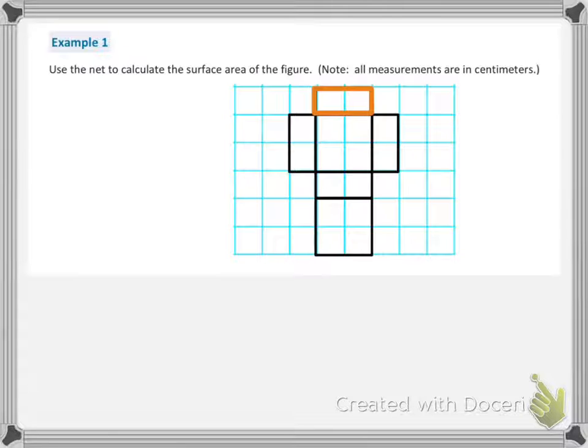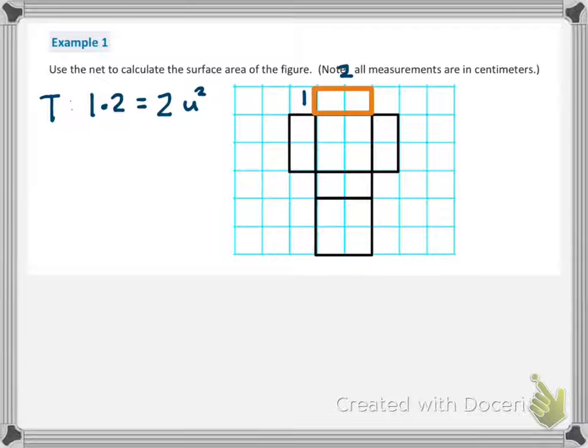Maybe that's the top of this rectangular prism. And all of the grid marks are centimeters, so 1 centimeter apiece. So this is a 1 by 2 rectangle. So let's call this the top. The top is a 1 times 2 rectangle, which is 2 units squared.